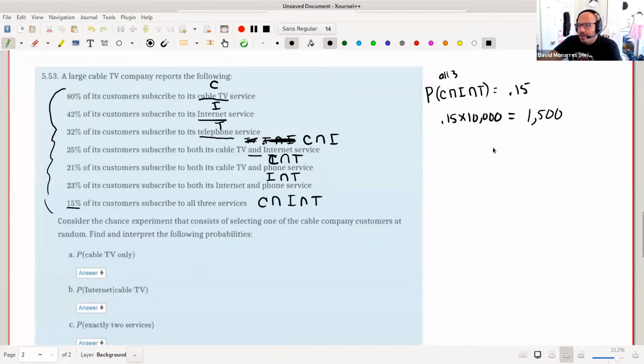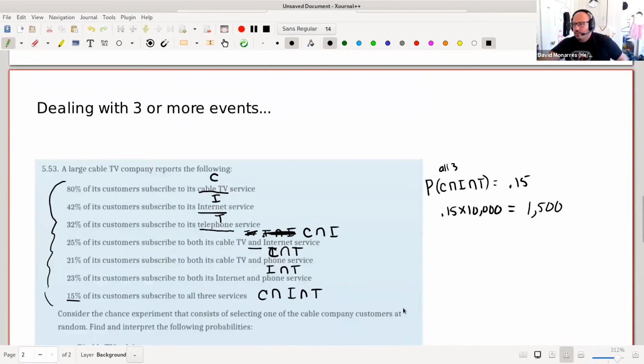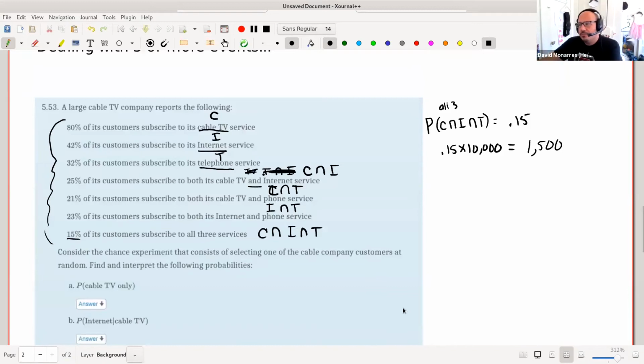Now, once I have that middle filled out, then what I'm going to do next is start to pick off the two service values. So I'm radiating out from the inside. I'm going to fill in these three extra little cells next. And here's how I'm going to do it. Notice how they said internet and TV.